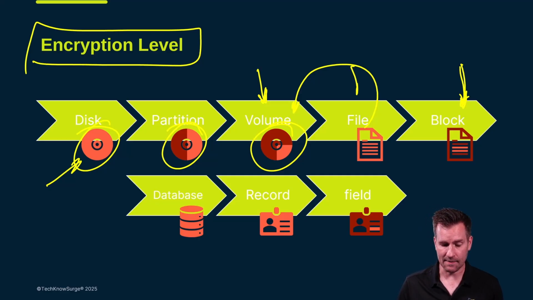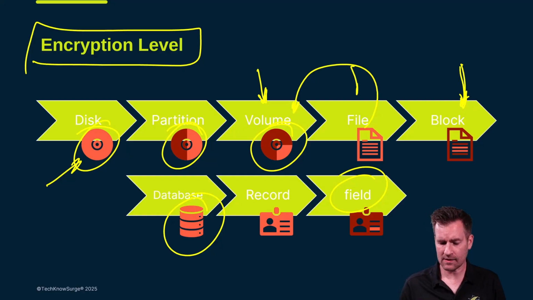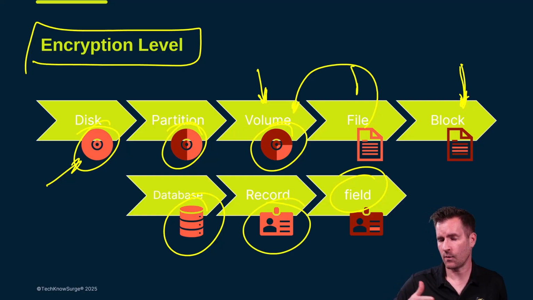We can do the same thing with databases. We can encrypt a whole database, a table, a field on that table, or a single record. We need to choose at what level, and the level we choose is going to impact performance, how we save and store data, and how secure that data is.